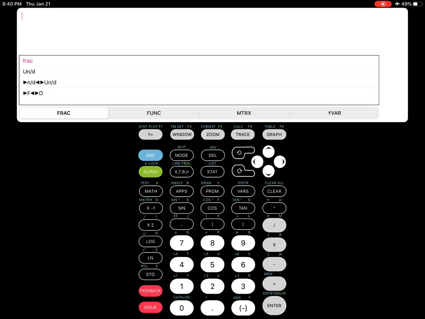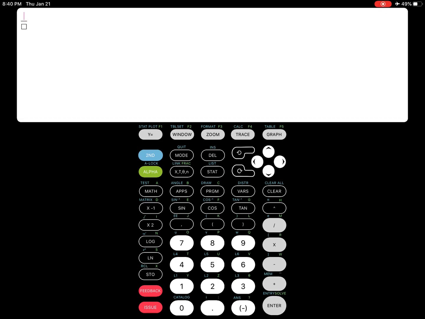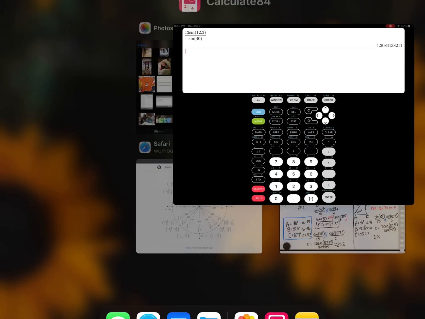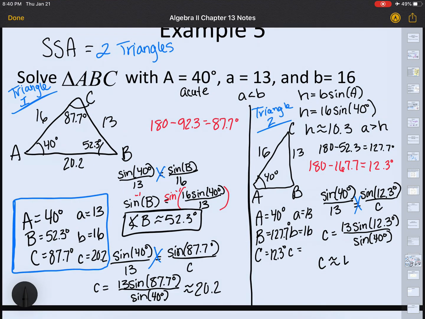So C is going to be about what we put in the calculator. So we're doing 13 sine 12.3 all over sine of 40. And we get 4.3 when we round. So little side length C is 4.3.